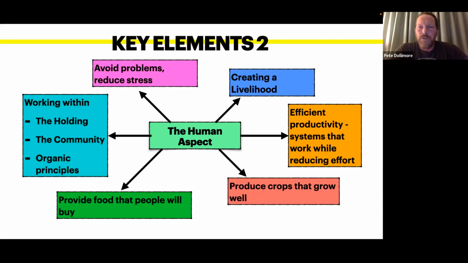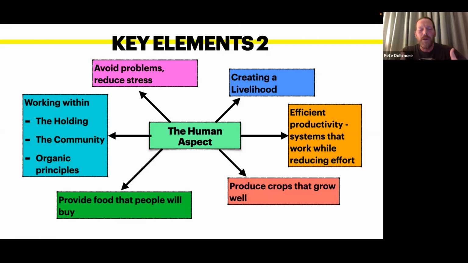But of course, we're trying to make a living, trying to live on our farms, create a livelihood. I'm going to avoid the words profit and money, because I think that perhaps as a society we need to move on from some of those things, but you can translate backwards and forwards for that.